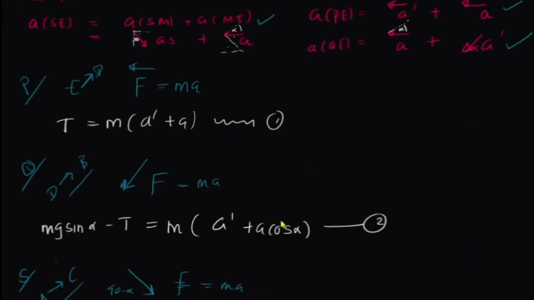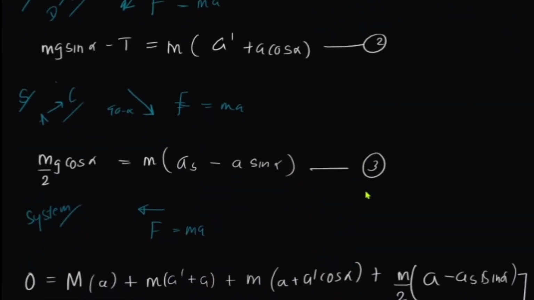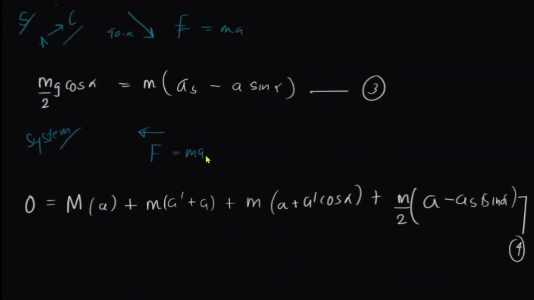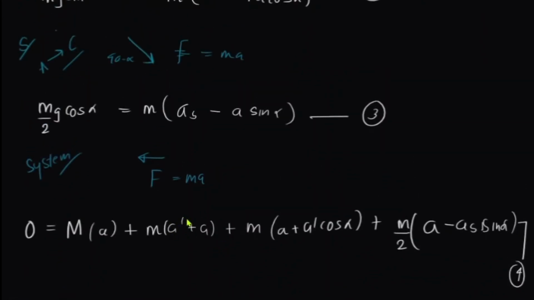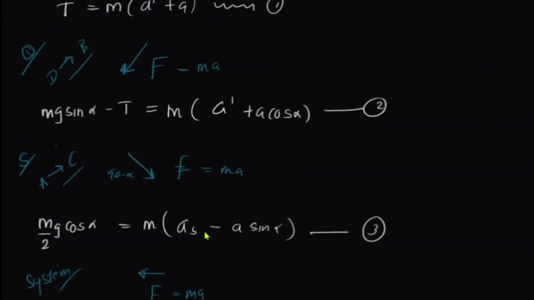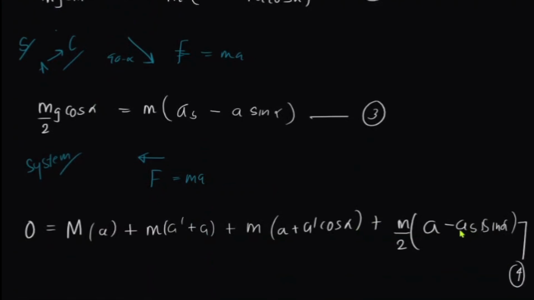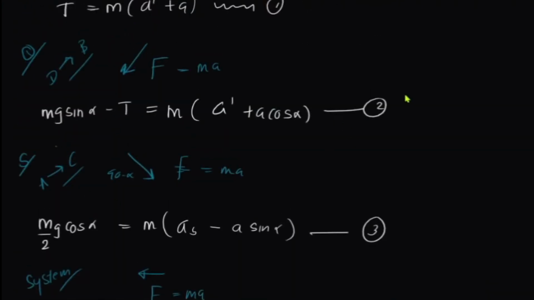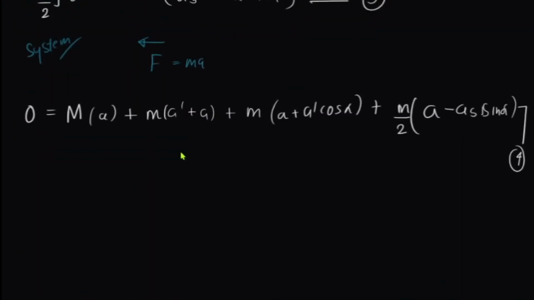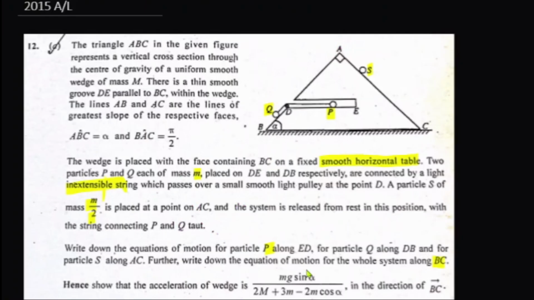So actually, you need to solve all these 1, 2, 3, and 4. There are four equations, four unknowns. A dash is unknown, A is unknown, AS is unknown, and T is unknown. You'll have to solve the simultaneous equations, and you will have to find the acceleration A, and show that it is this, right?